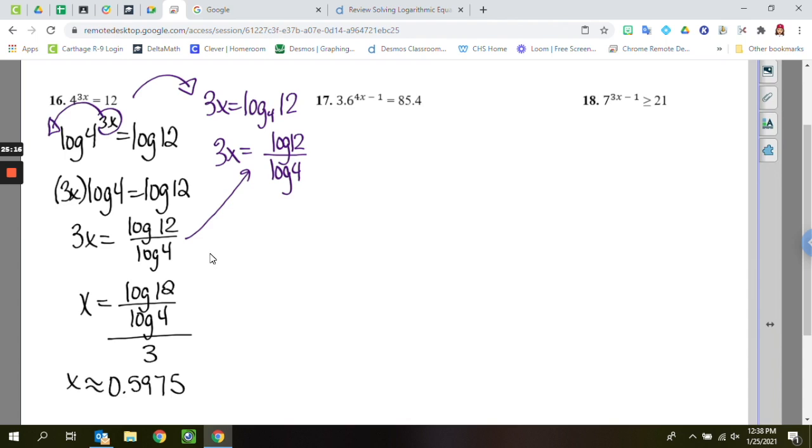So 17, bring the exponent out front, which starts getting it into the change of base format.